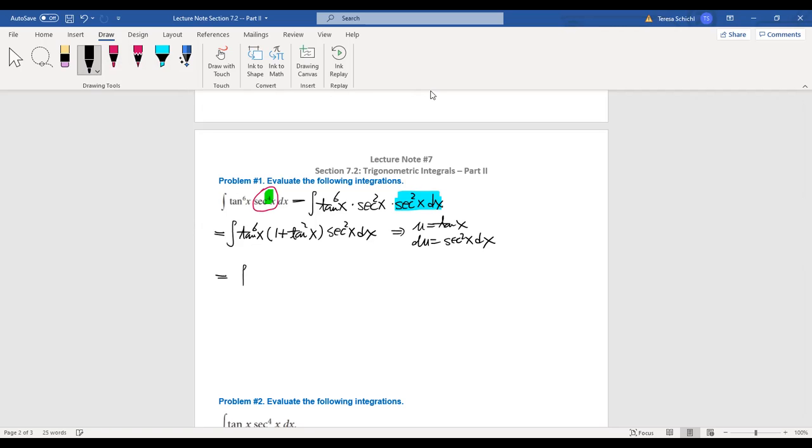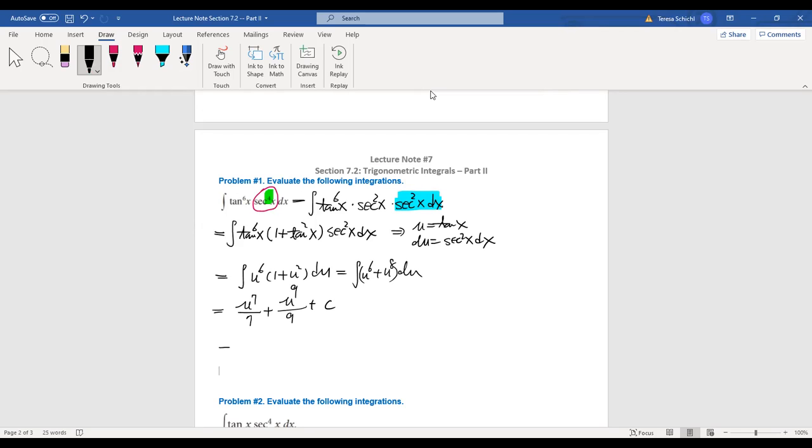Okay, so now this will be u to the 6 times 1 plus u squared du. Did you see how simple this simplifies? Then this is u to the 6 plus u to the 8 du. So this is u to the 7 over 7 plus u to the 9 over 9 plus c.